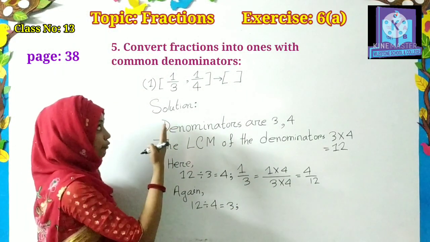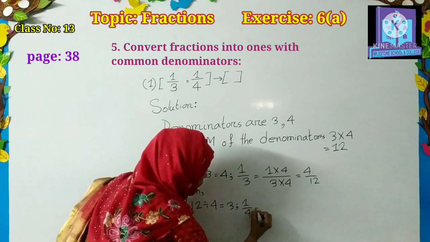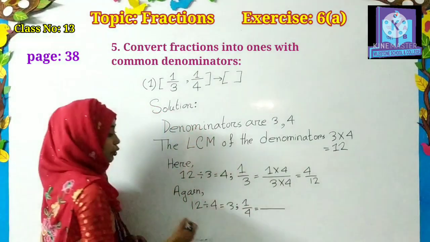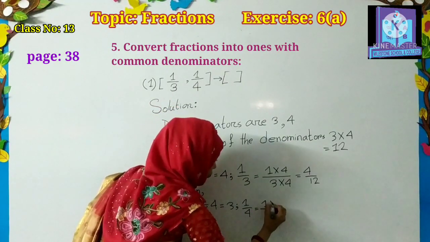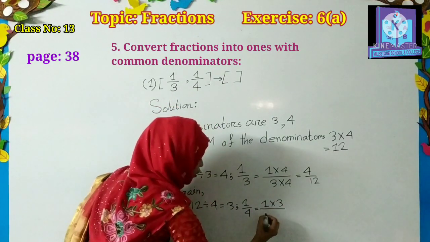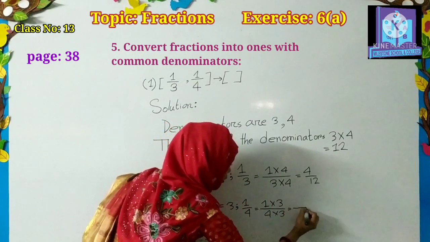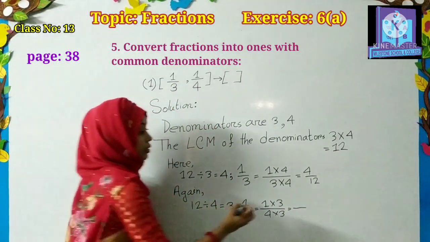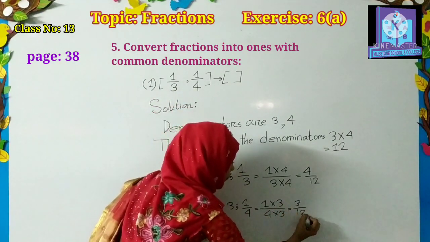So our second fraction is 1 by 4. Now we will do multiplication. 1 into 3 and 4 into 3. 3 1 is 3. 3 fours are 12.